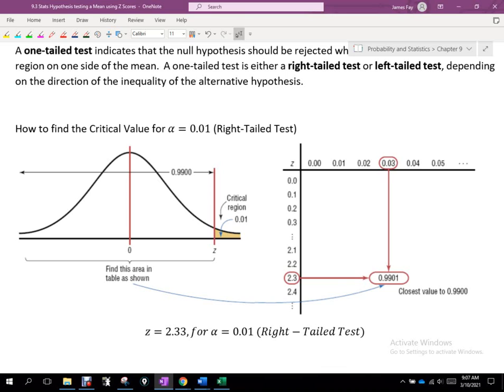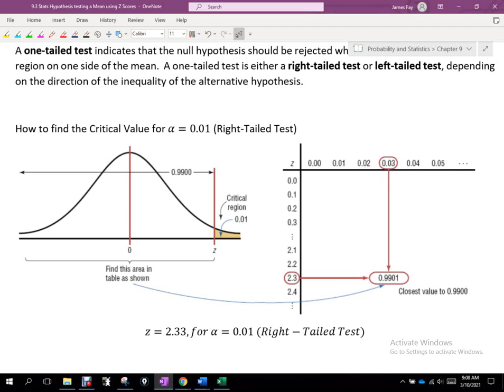I'm talking Excel, and we'll do it here in a little bit. To get this number of 2.33, which is that z-score, I would have to type in this white area. Does that make sense? So that's why we're taking 0.01 and looking for essentially its complement, 0.99, in the table.